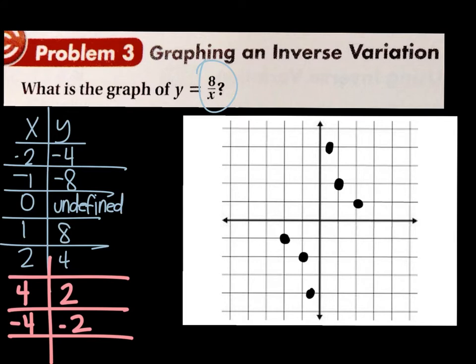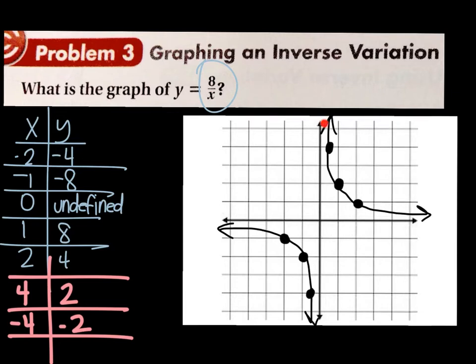And now it's easier to see. What you've got is the graph of an inverse variation. And to graph it, it's going to be a curve just like that. That's what the graph of an inverse variation looks like.